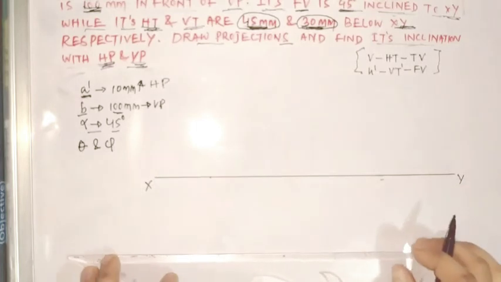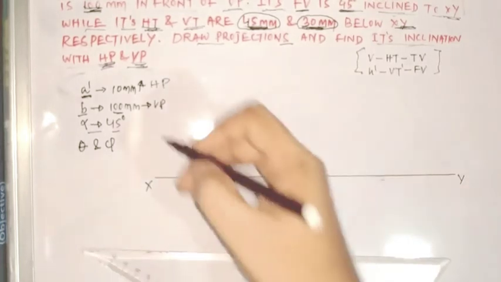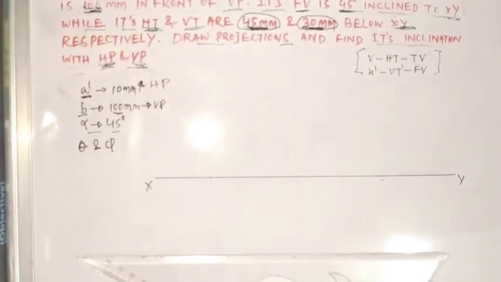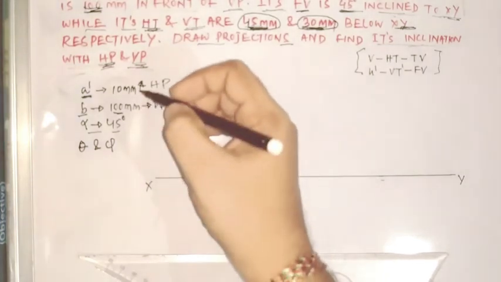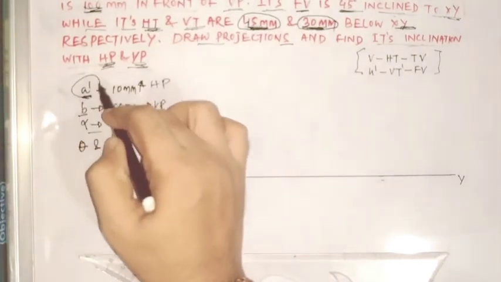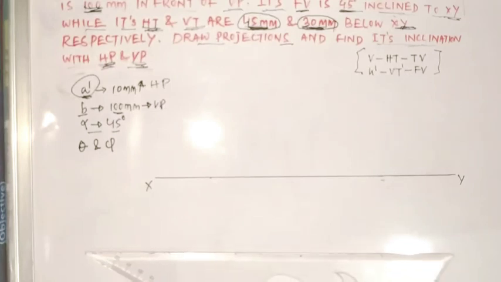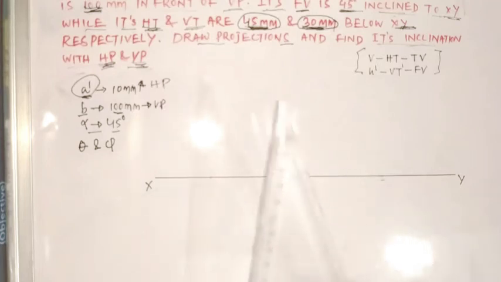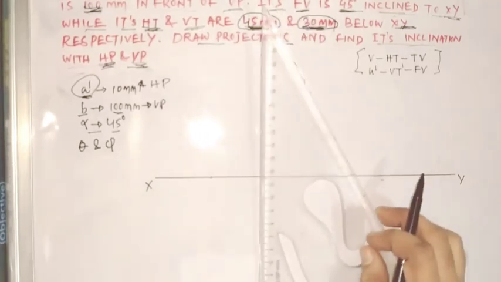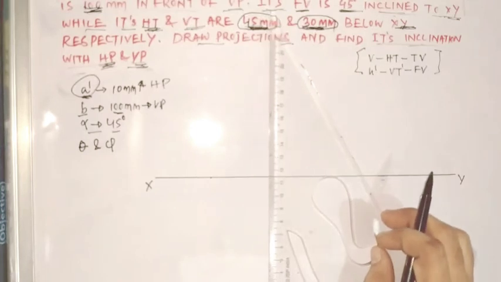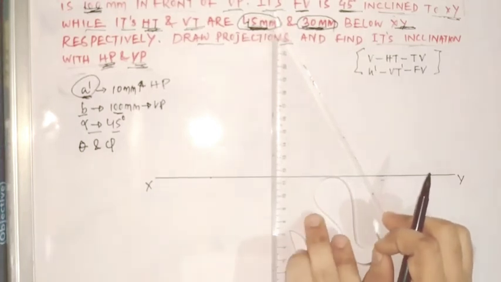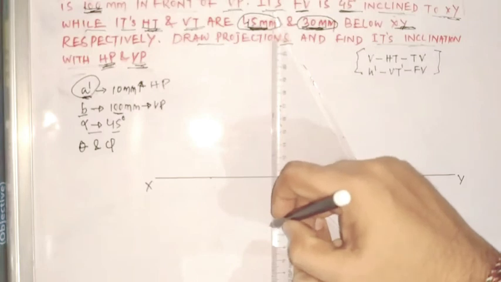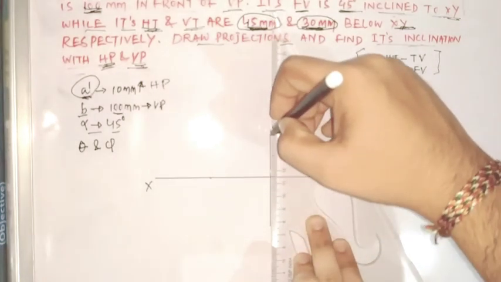After getting the XY line, we need to use all the data which are given. First we can locate A dash, which is the A point of the front view. Let us draw a vertical line here so that we can locate our A dash point.